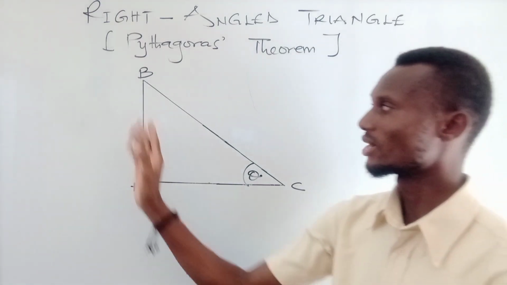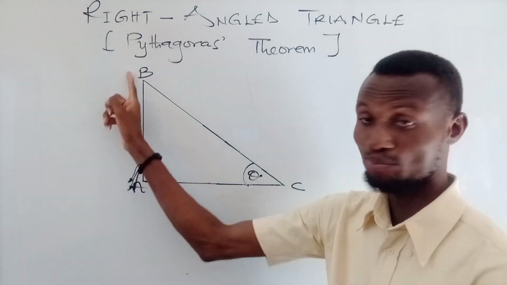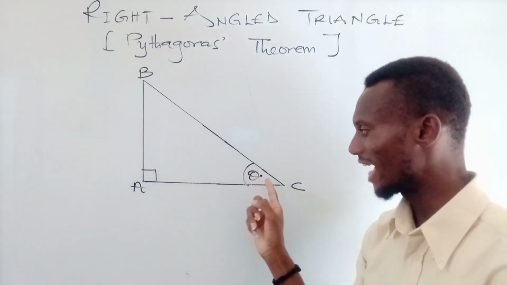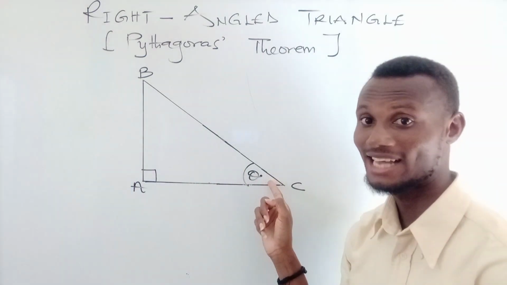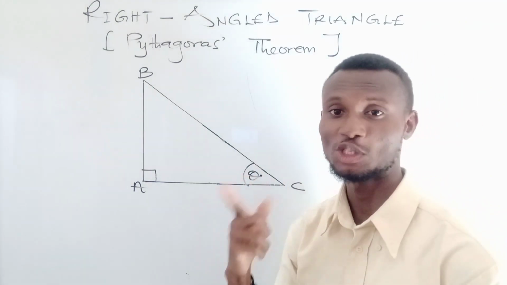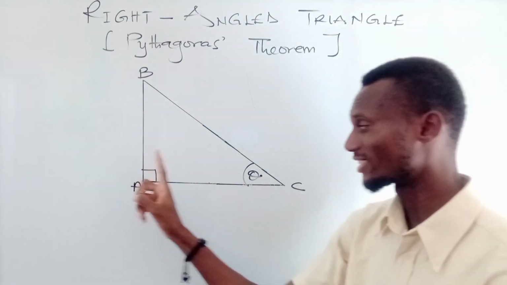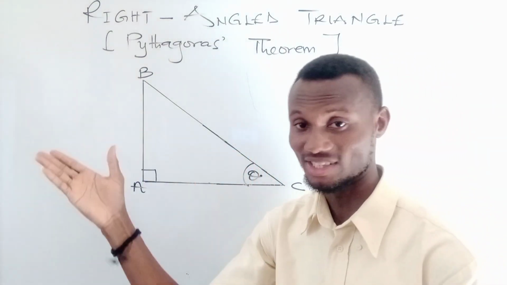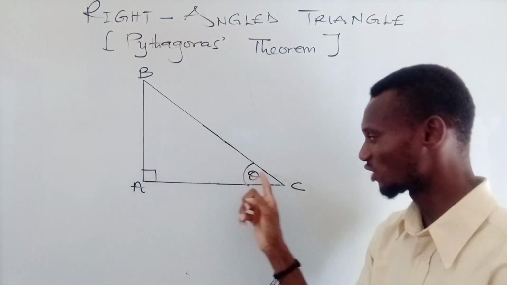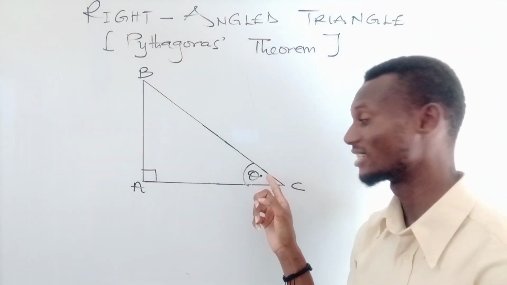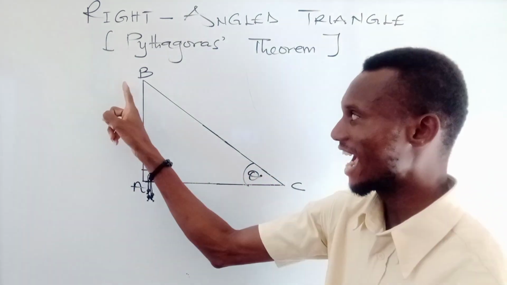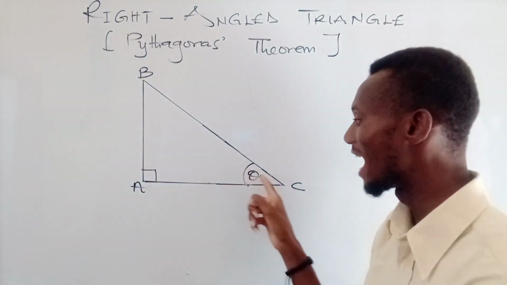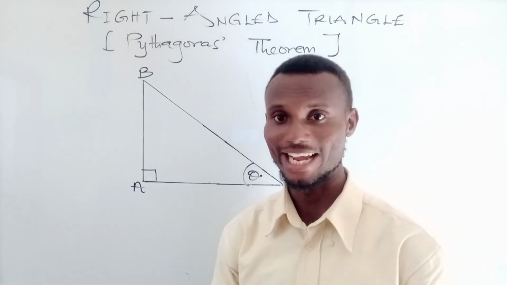So now you can see that this side, which is line AB or length AB, is opposite to the angle which is here, which is theta. That side of the triangle which is always opposite to the angle theta is called the opposite, because it is opposite to the angle theta. So this line AB, or length AB, which is opposite to the angle theta, is called the opposite.